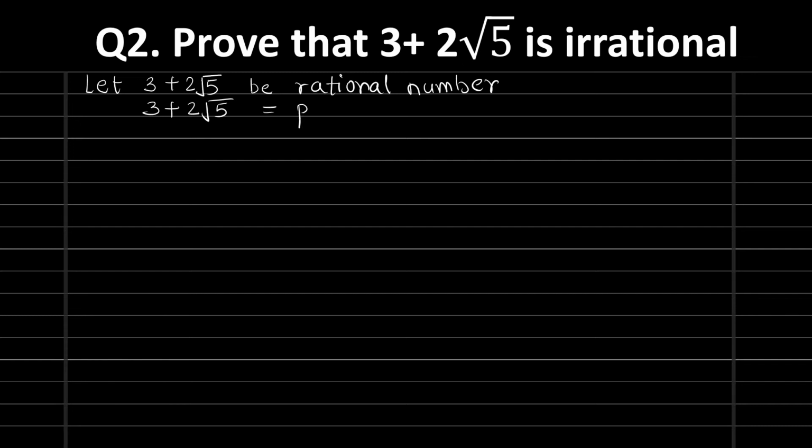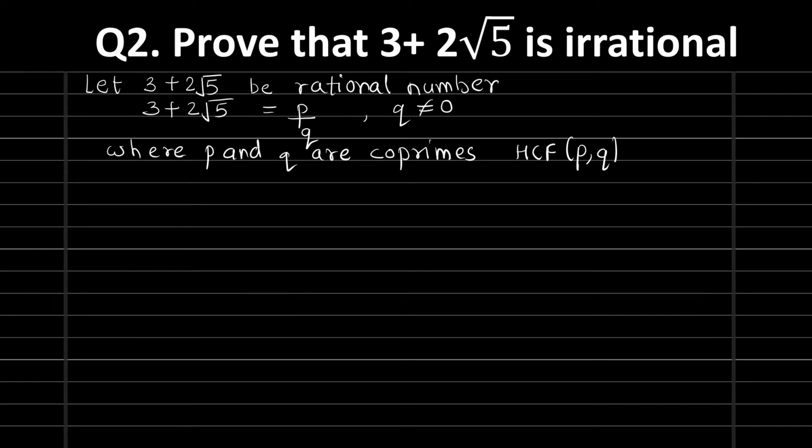Because a rational number can be expressed in the form of p by q. Hence, q should not be equal to 0 over here. Also, the condition is that p and q are coprimes, which means the highest common factor between p and q should be equal to 1. HCF of p and q should be equal to 1.